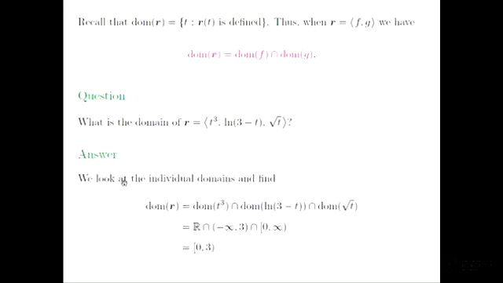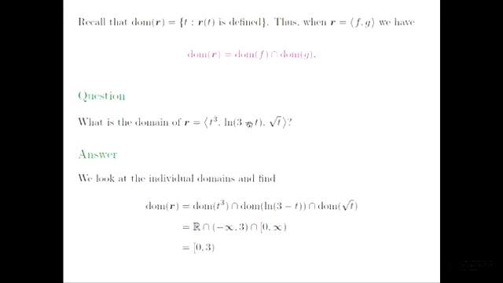Looking at the individual domains, the domain is going to be the intersection of the domains. Note that we're subtracting here, so 3 minus t has to be greater than 0, and we'll find that that's true on the interval negative infinity to 3, non-inclusive.